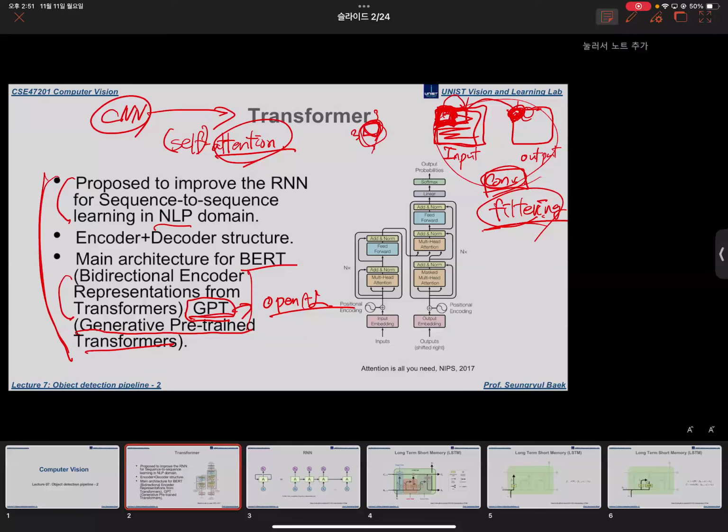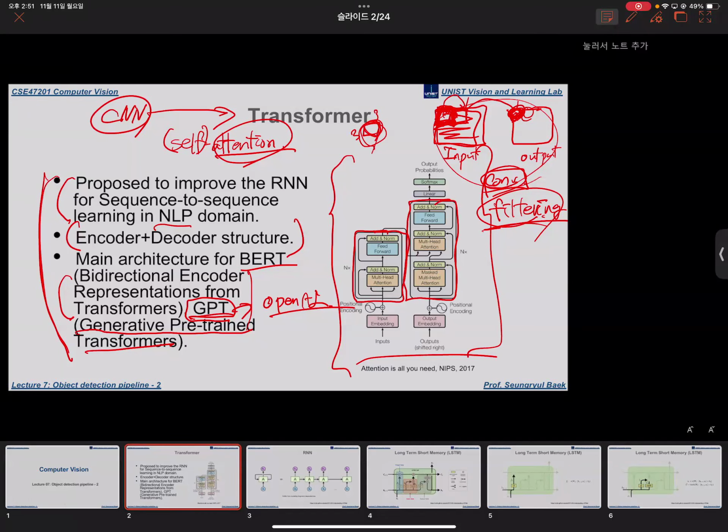So this is actually the brief introduction about the transformer, and it is also constituted with an encoder and decoder structure. When explaining about this transformer, you may see this type of figure frequently, and I will explain what they do in a later slide. But basically, this part is the encoder, and this part is the decoder.